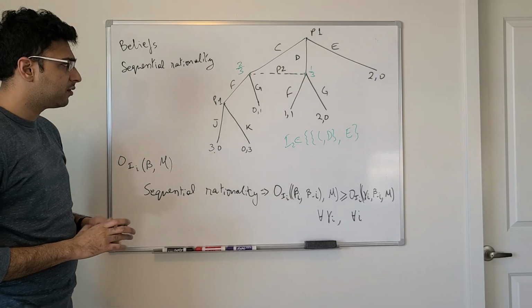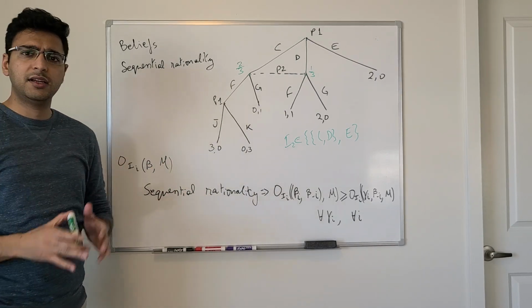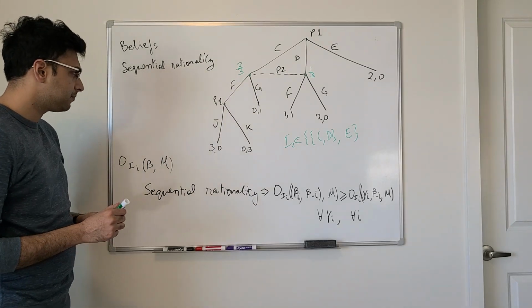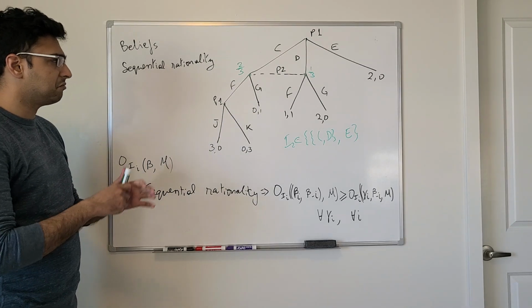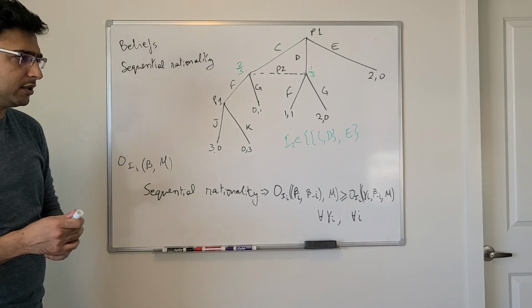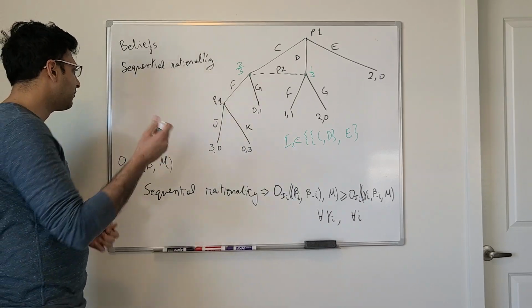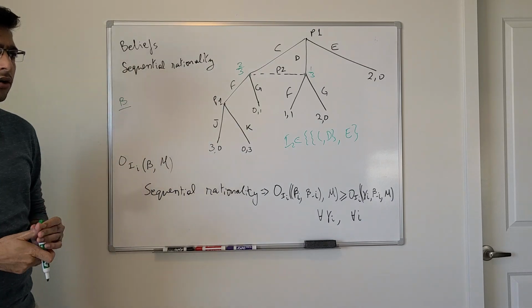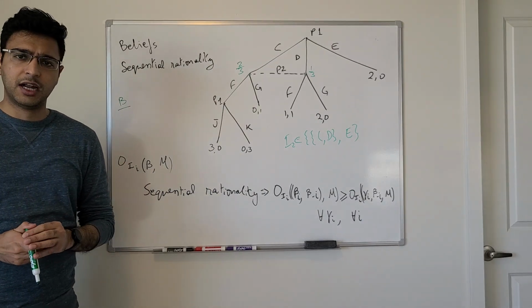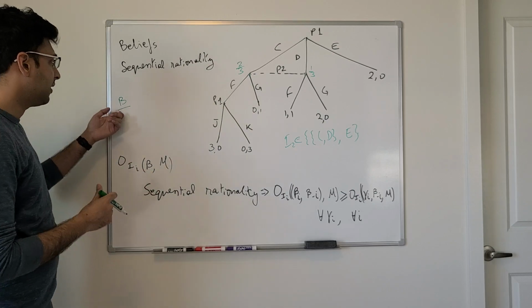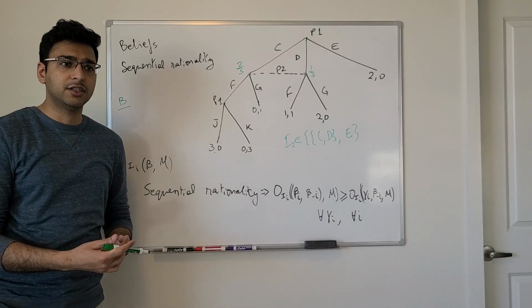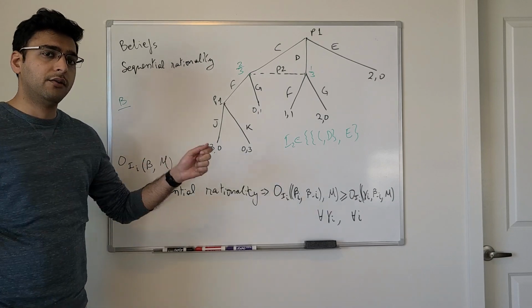We can also use this opportunity to more formally define what sequential rationality means. So, at any point in any game, you will have a beta. Beta here is a profile of behavioral strategies. So it captures the behavioral strategies chosen by all of the players.